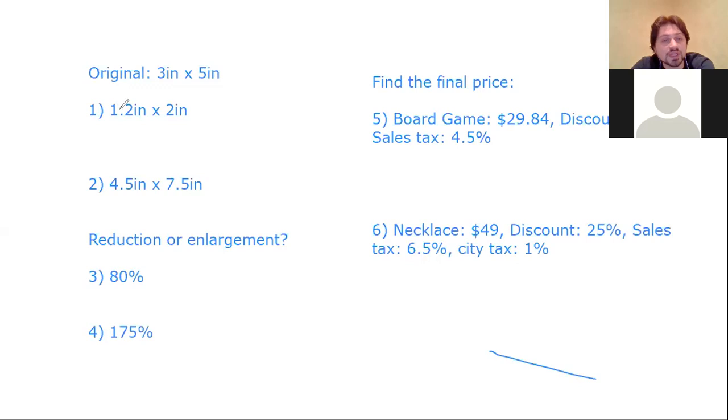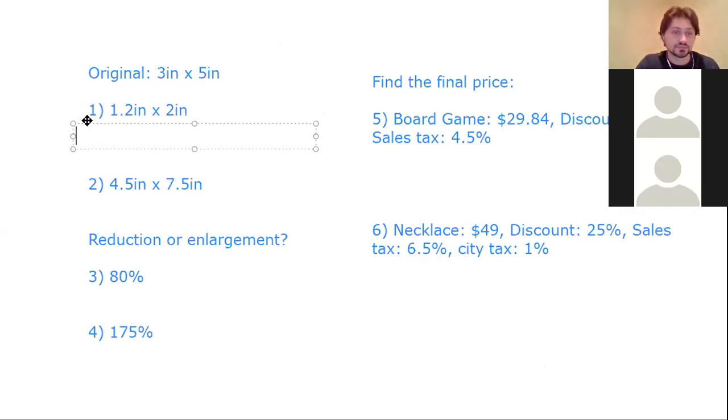Here you have 1.2 by 2 inches, and we have to figure out what the percentage for this ratio is. How much bigger or smaller did it go? First, is it a reduction or an enlargement? Reduction, because it's getting smaller.